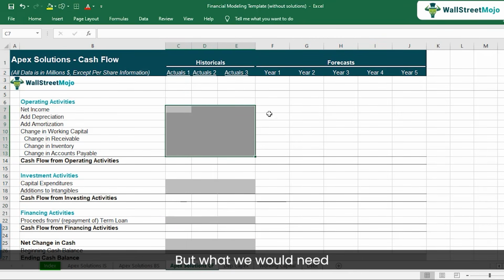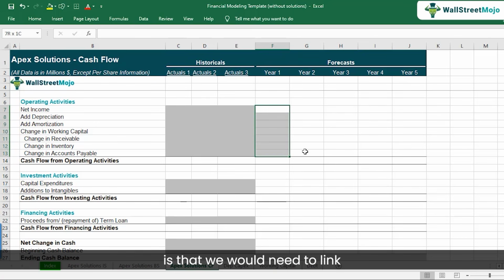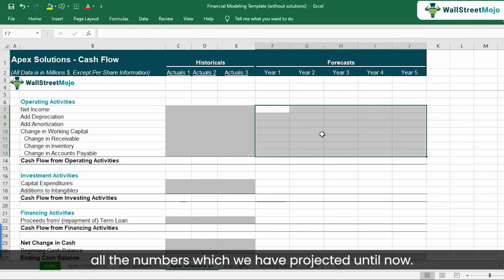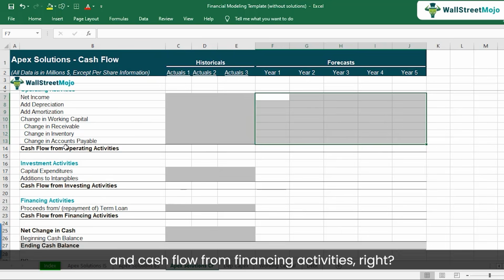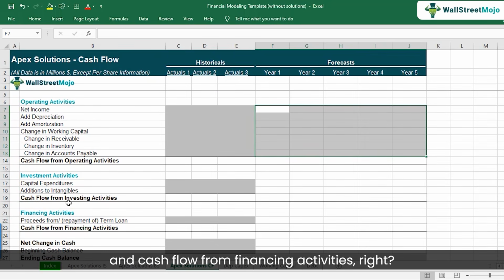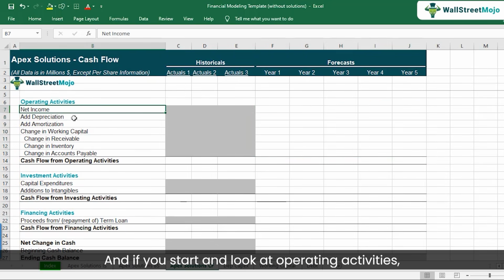But what we would need is to link all the numbers which we have projected until now. So when it comes to cash flow statements, cash flows are divided into three parts: cash flow from operations, cash flow from investments, and cash flow from financing activities, right? And if you start and look at operating activities, this cash flow calculation is actually using the indirect approach of finding out cash flow from operations.